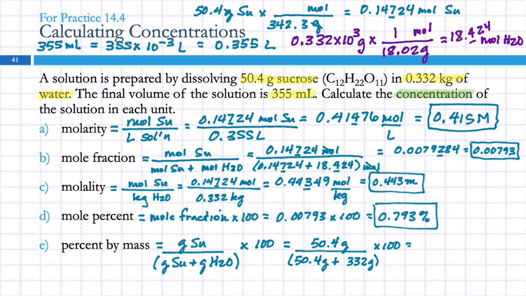Times 100, 50.4 divided by the quantity 50.4 plus 332, times 100, 13.1799%.